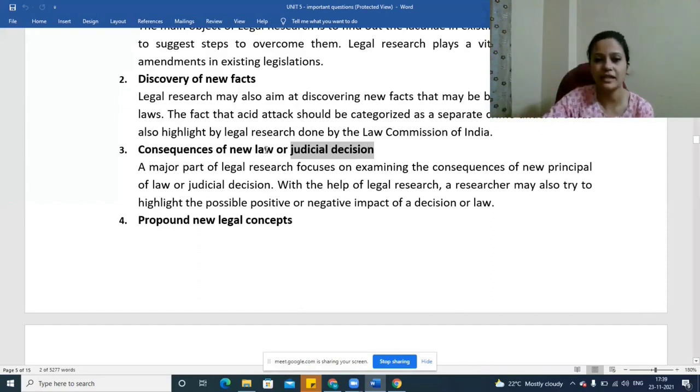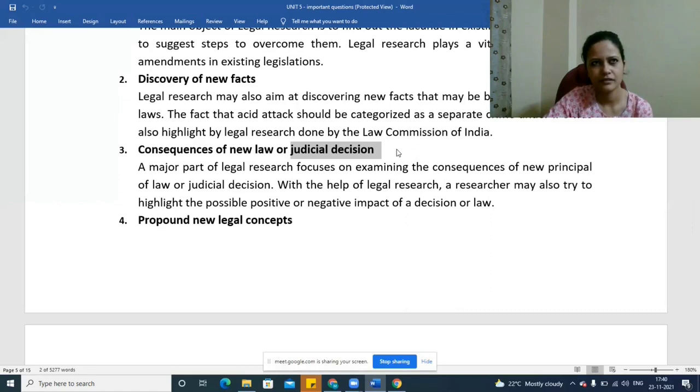You can take the example of GST, but judicial decision as in, one day I told you that example of consumer court giving 2 crores compensation. Do you remember that haircut example?